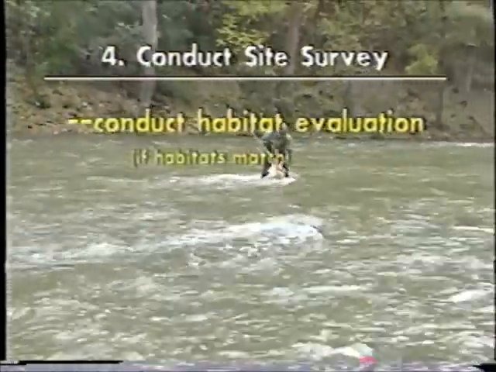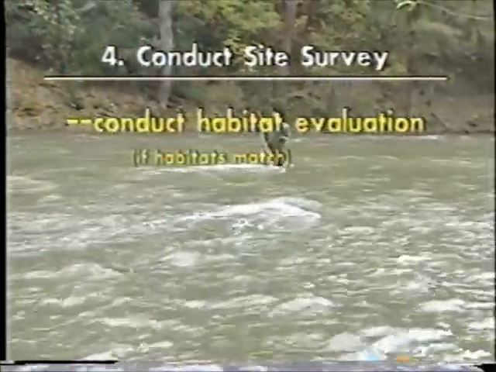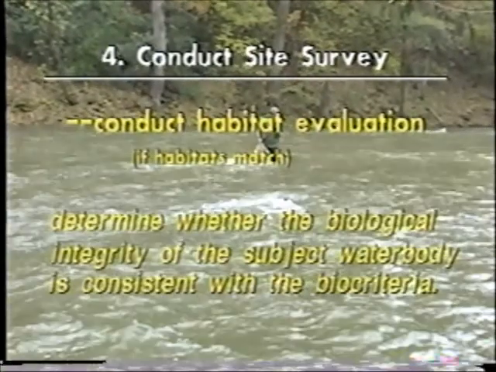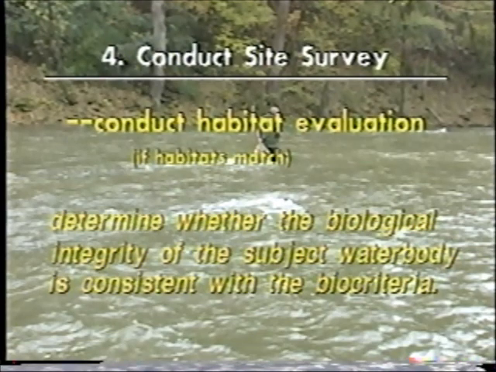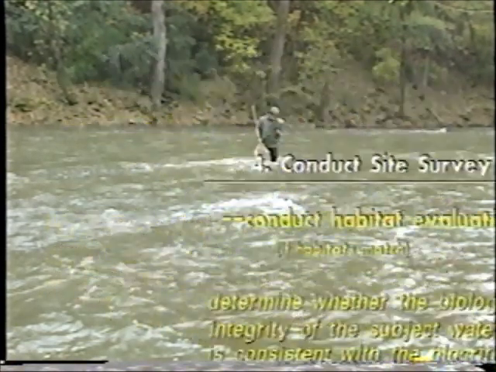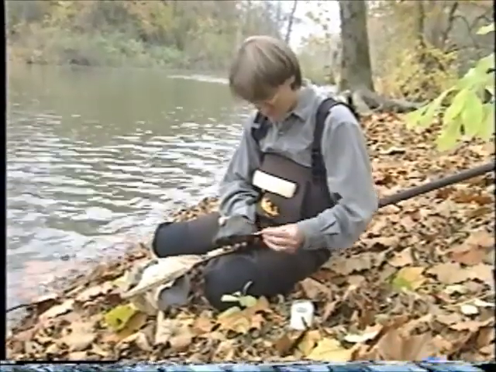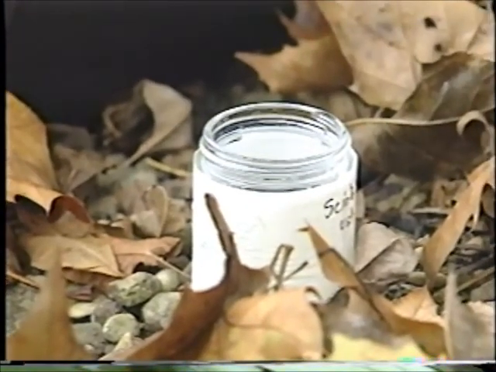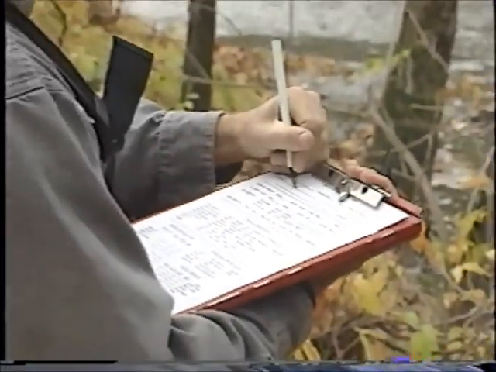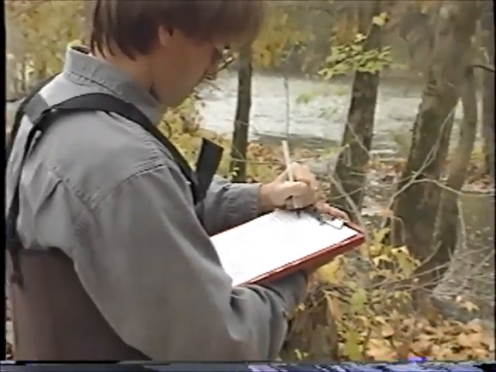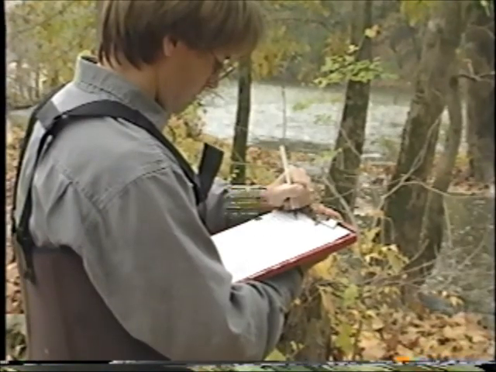Assuming that the habitats match, a biological site survey is conducted to determine whether the biological integrity of the subject water body is consistent with the biocriteria. Keep in mind that the survey of the subject site must use the same biosurvey procedures and protocols that were used at the reference sites.